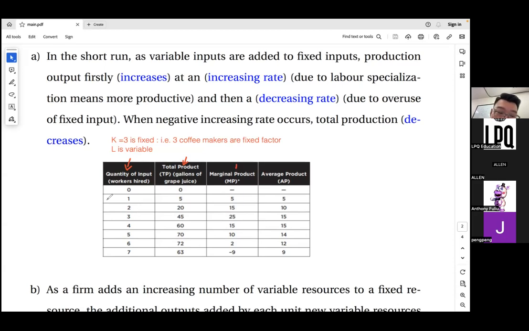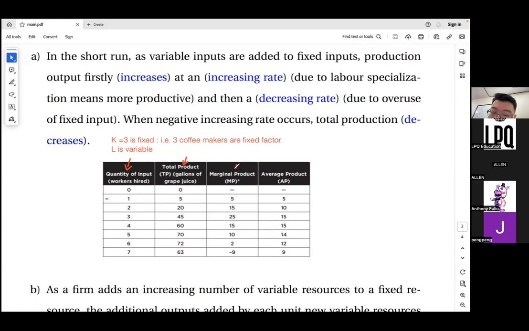Next, on the second day of business, you hire your first unit of worker. So in total you hired just 1 unit of labor. How many units can this person produce, maybe per hour? Let's say 5 units of coffee, so I put 5 here.